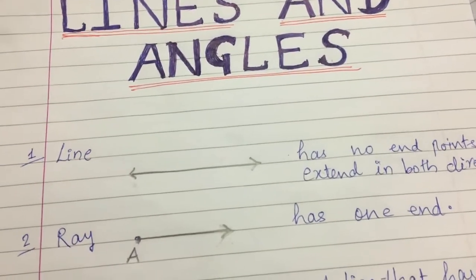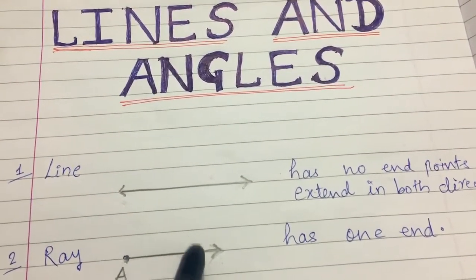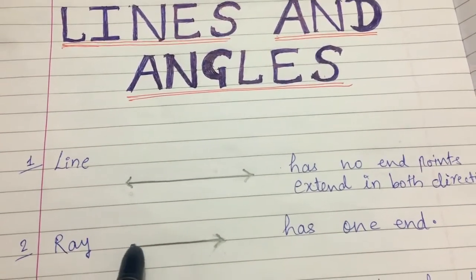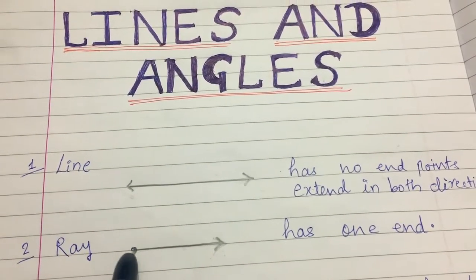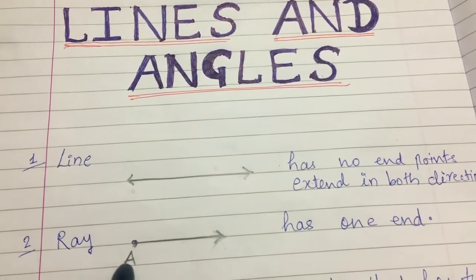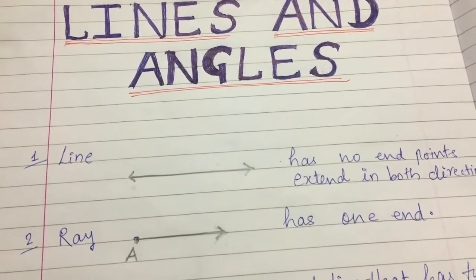Next is your ray. In a ray, only one direction can be extended. It has one point, that is your A. It has one end but the other end can be extended.